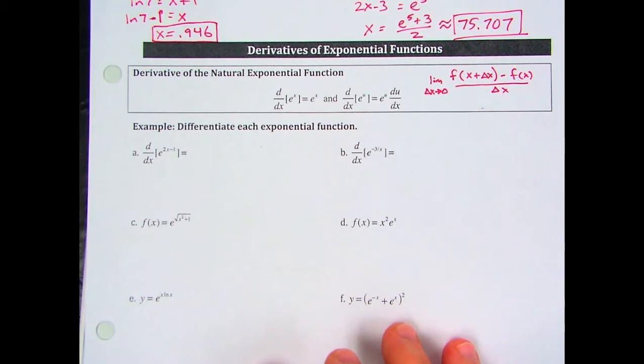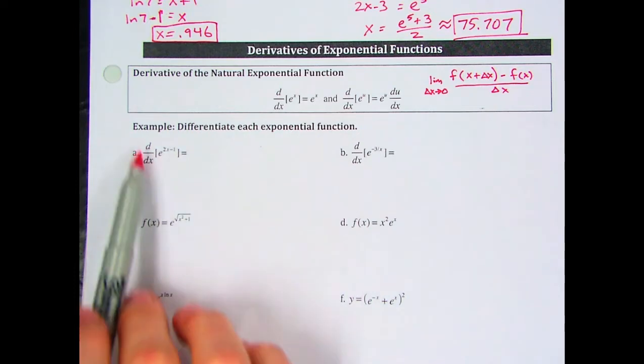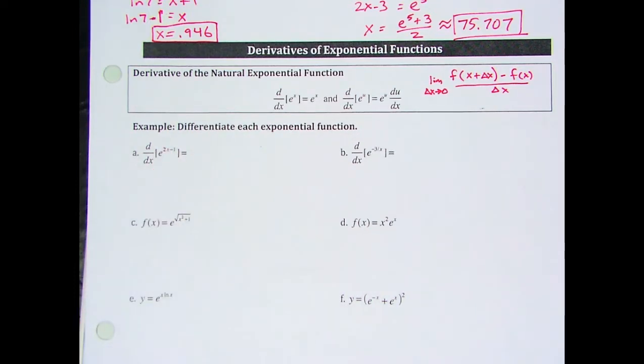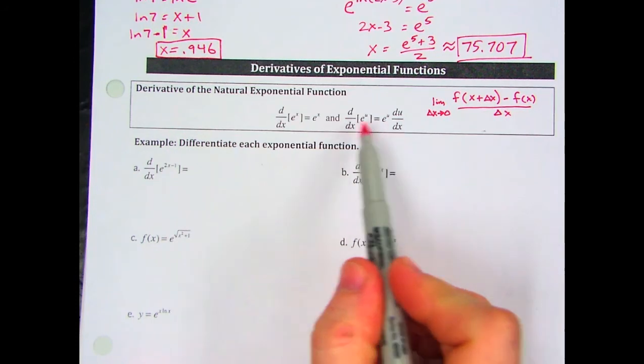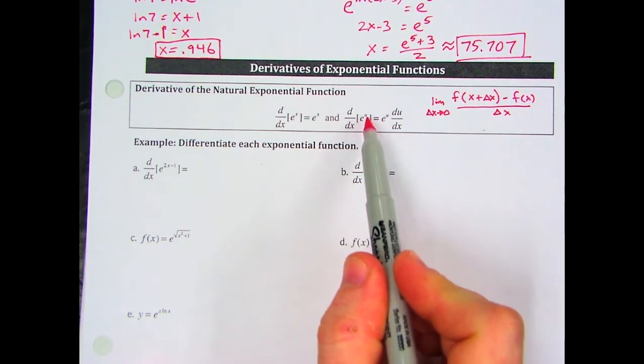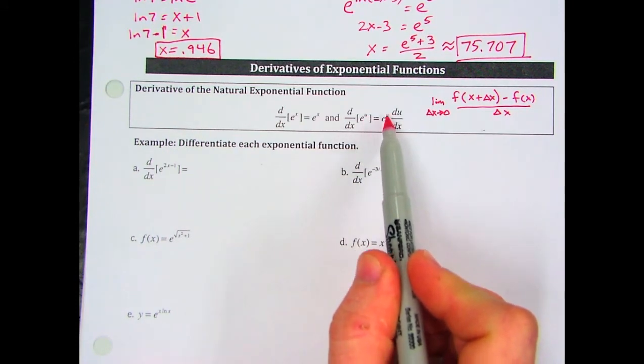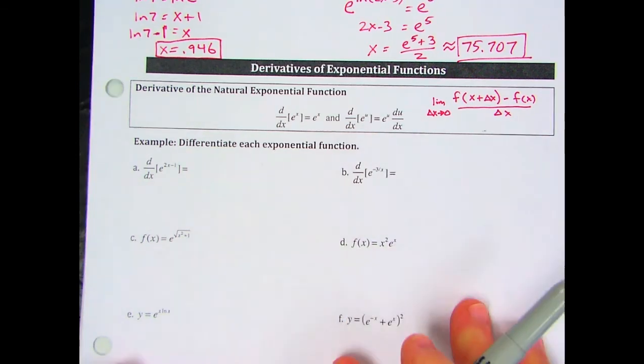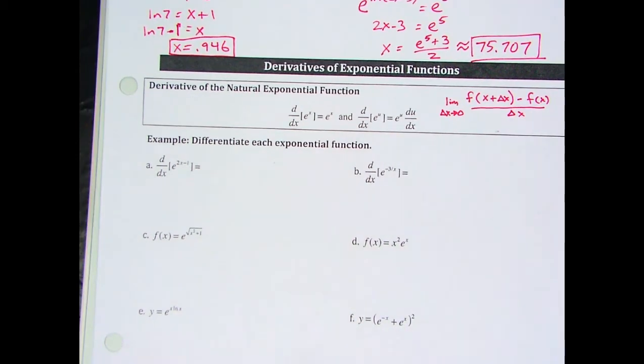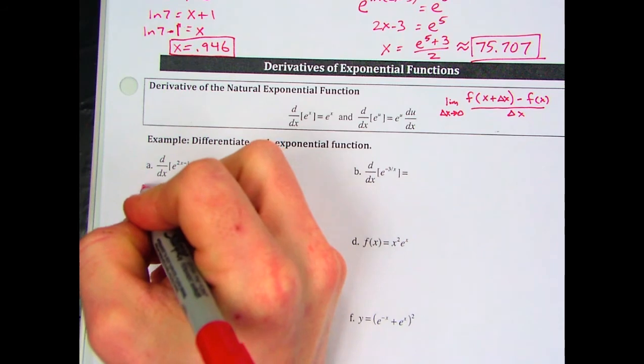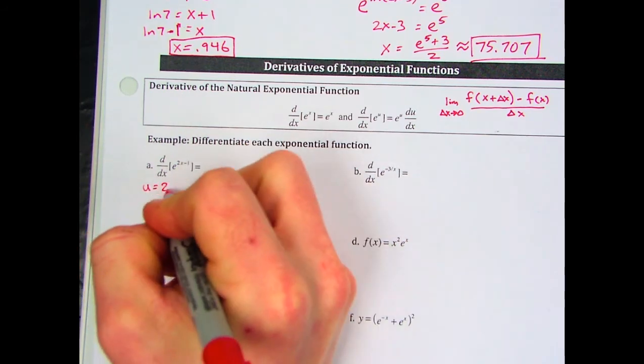Mm-hmm. So let's do some differentiation here. We want the derivative of e to the 2x minus 1. Now, of course, the chain rule still applies here. So if we have e to the u, then we have e to the u times du dx. So what we're going to do is let u equal 2x minus 1.